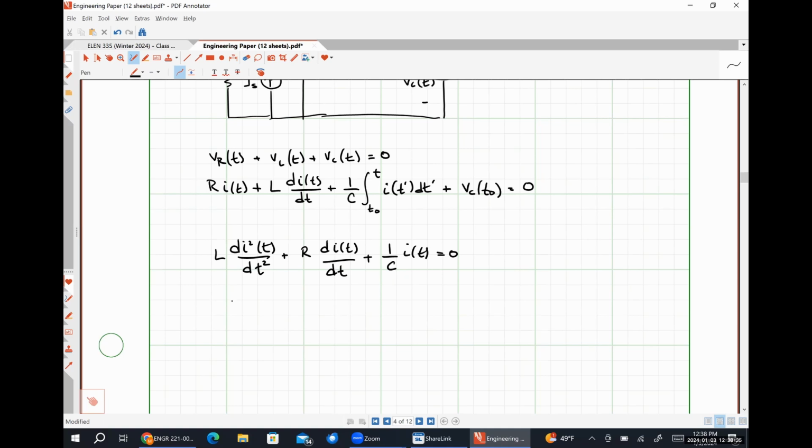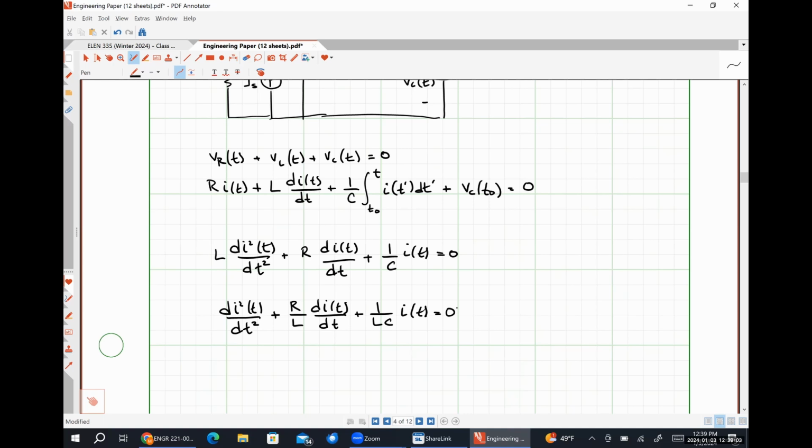So that's going to leave me with the second derivative of current with respect to time plus R over L times the first derivative of current with respect to time plus 1 over LC times my current is equal to 0. And I have a nice, neat, homogeneous second order differential equation.